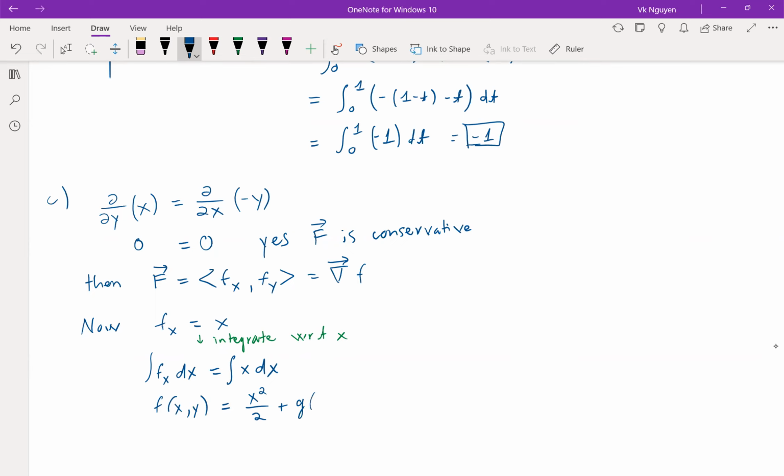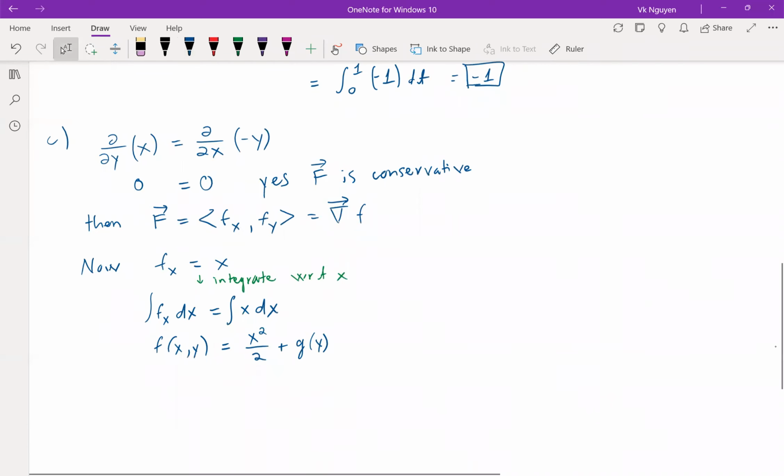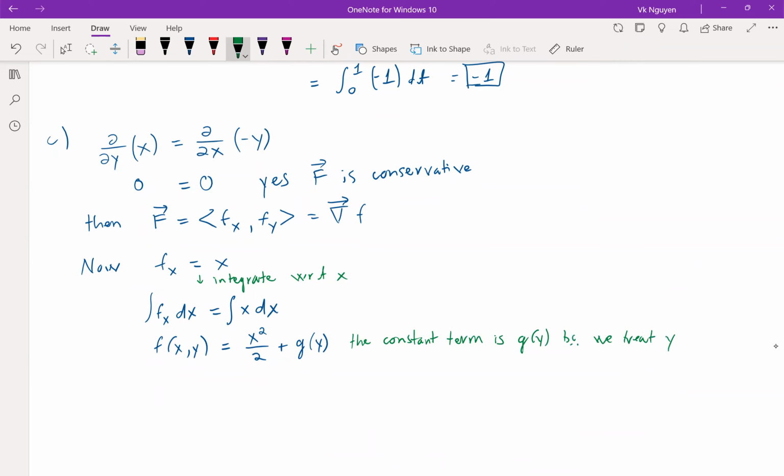So this is g(y). Again, the constant term is g(y), because we treat y as a constant.